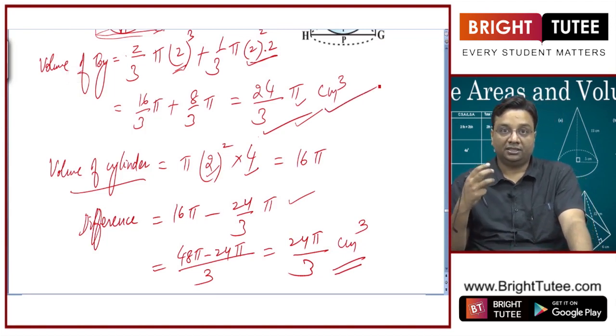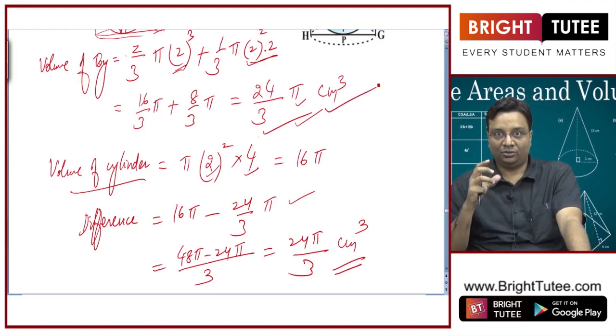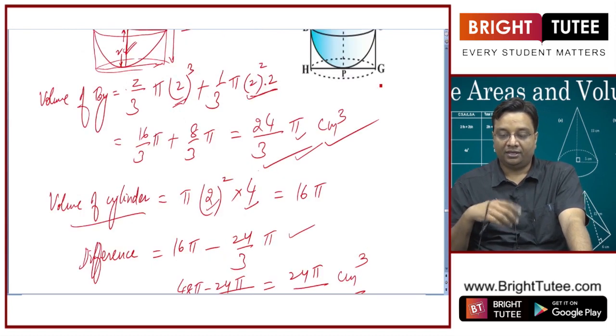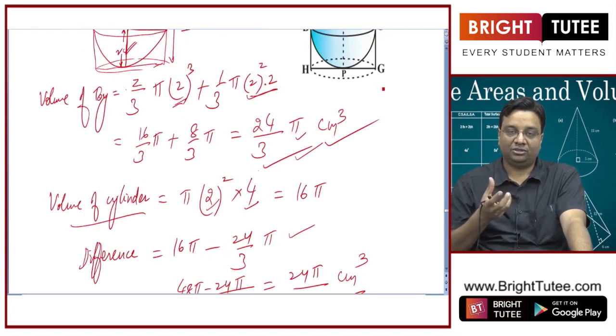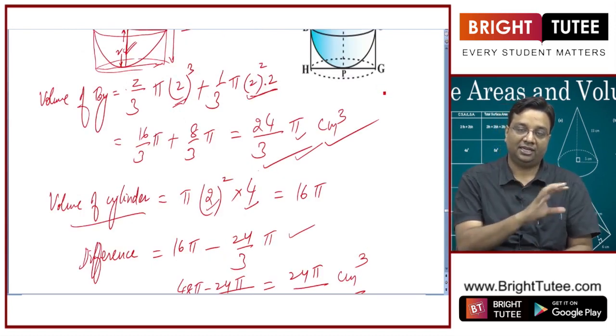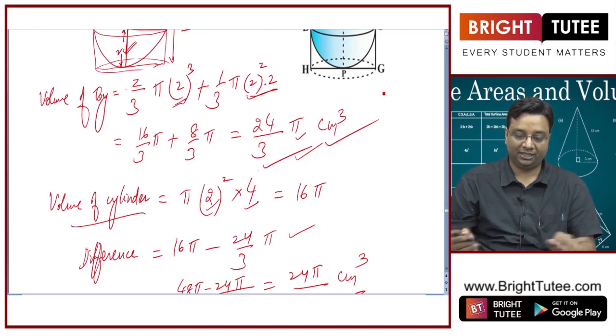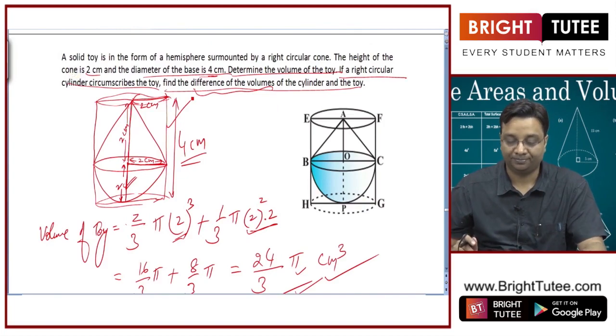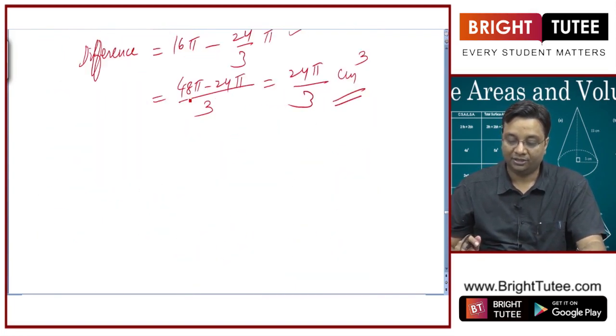So volume wise, there can be 2 toys that can fit into this cylinder. I am talking about volume wise. If you melt those toys and convert it into a cylinder, it will be exactly this cylinder which is circumscribing this toy. So this is the difference.